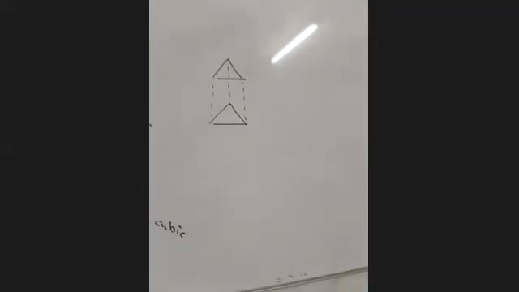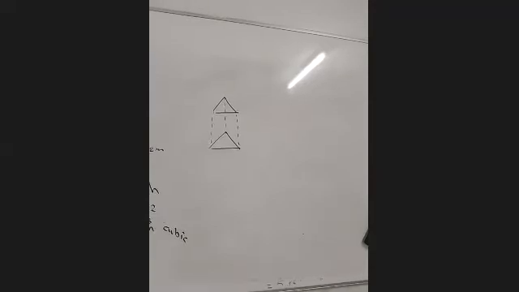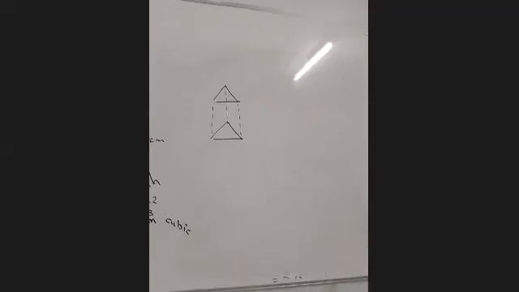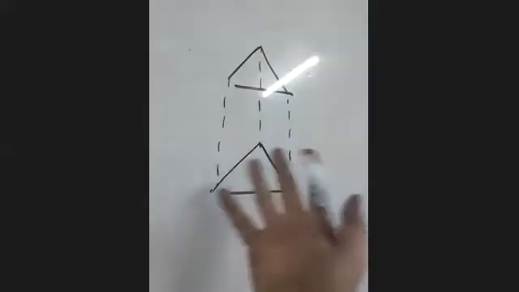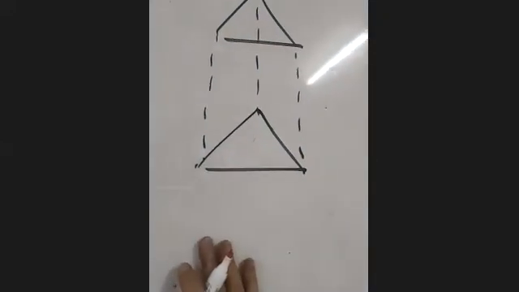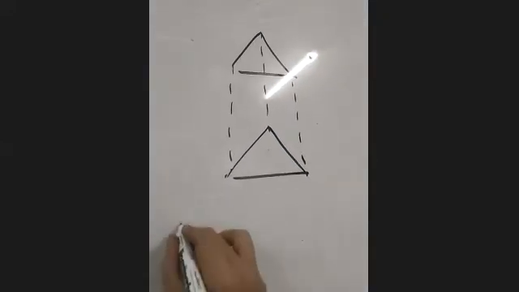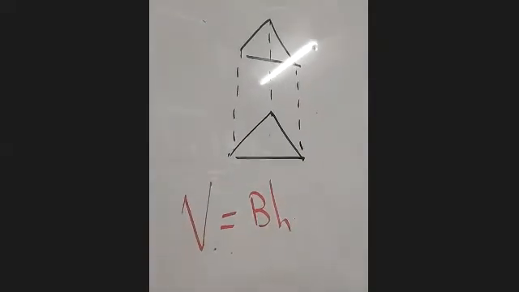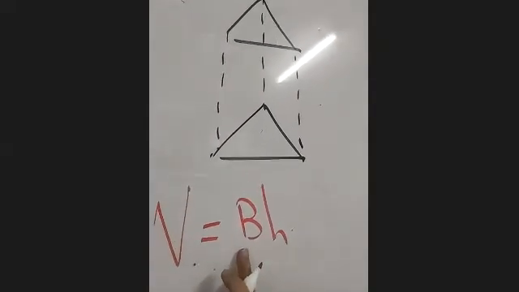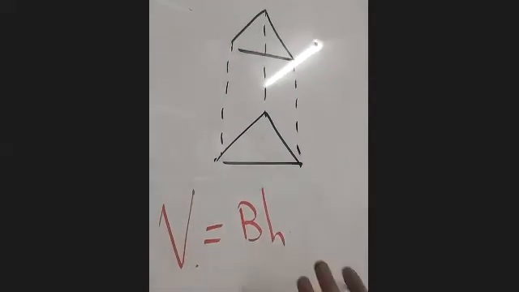Yeah, something like that, right? Now, what is the volume? How do we find the volume of this triangular prism, guys? Now, we said the volume is BH. B is the area of the base. What's the base?